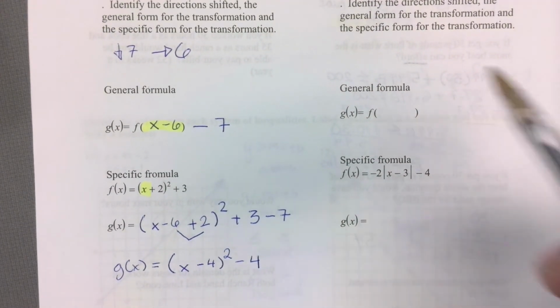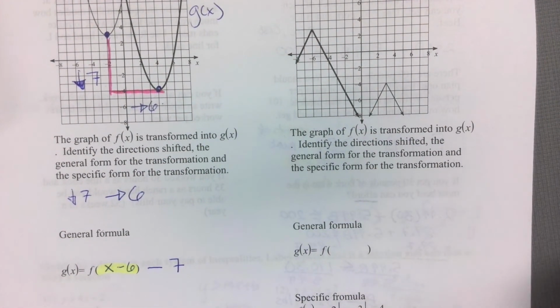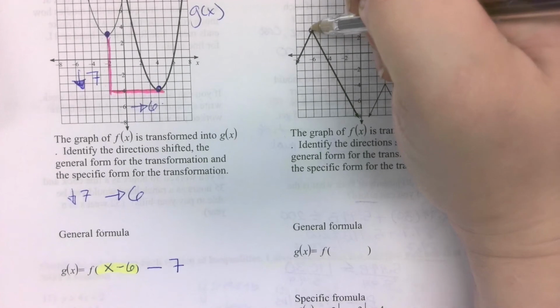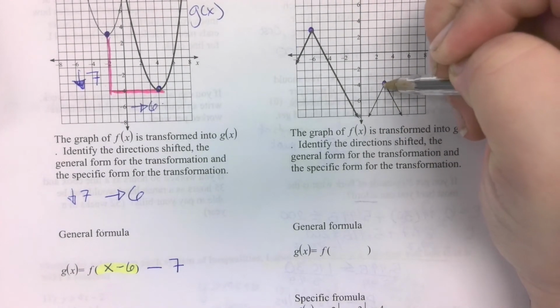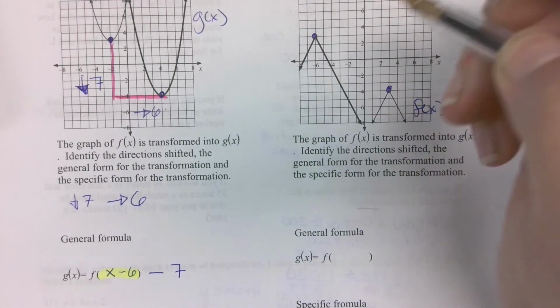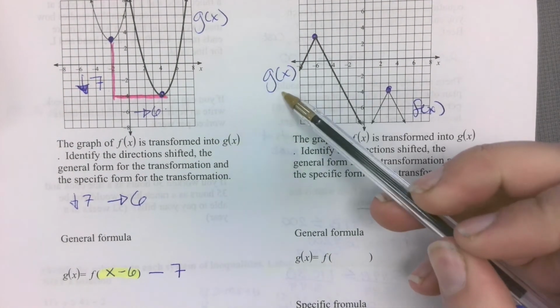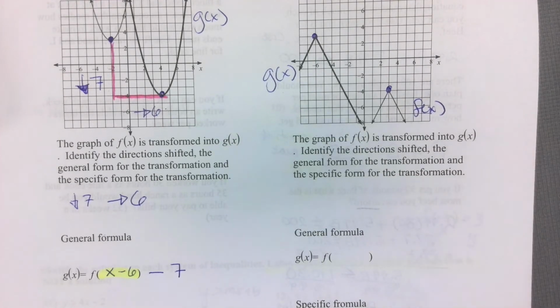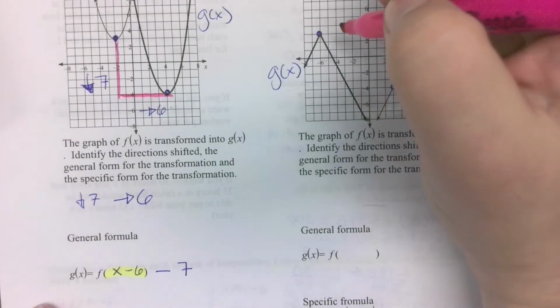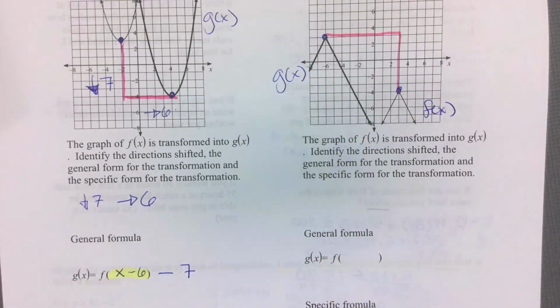Okay. What point is going to be the easiest point on this graph to track? The pointy part. The vertex again, yep. This is your f of x. This is your g of x. We're going from f to g. Draw your line. Count your spaces.